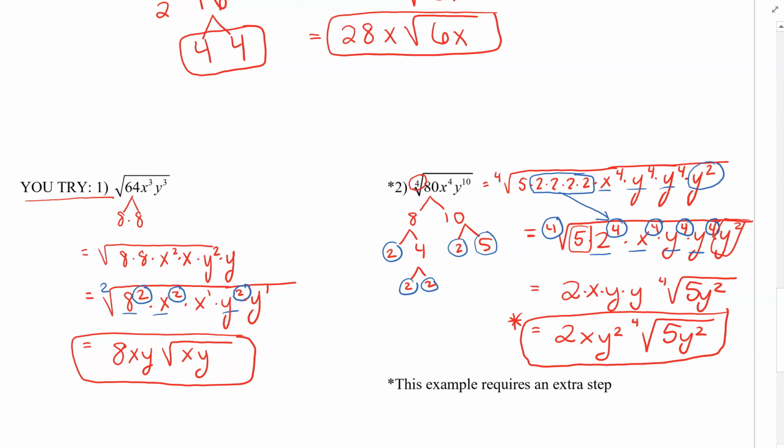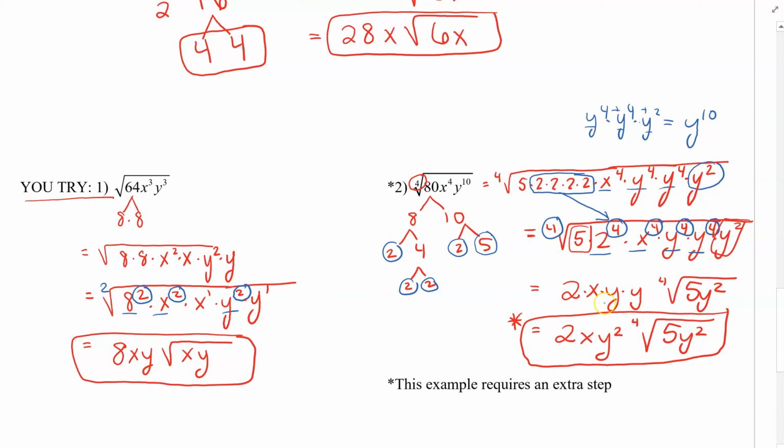pair, y squared. So y to the 4th, y squared, and a quick note, that all adds up to y to the 10th because the y's are being multiplied together, so we add the powers. And I broke it into 4 and 4 and 2 because I was looking for index-sized groups. And there were 2 perfect quartets of y.